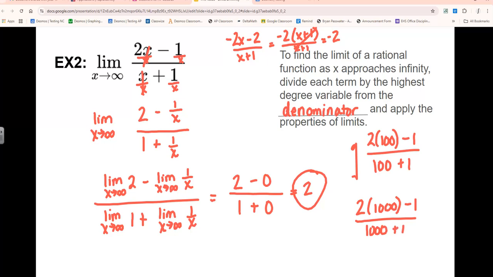Do the minus 1s and plus 1s matter much when you're plugging in numbers like 1,000 and 10,000 and a million? They're making very little difference, right? So if you only look at the highest variables, if they are the same, our answer is just 2. The coefficient here was 1, so 2 divided by 1 gave us 2.